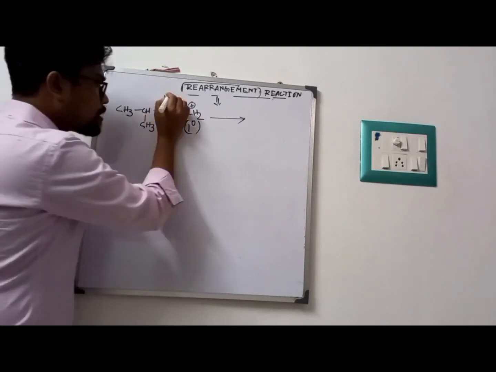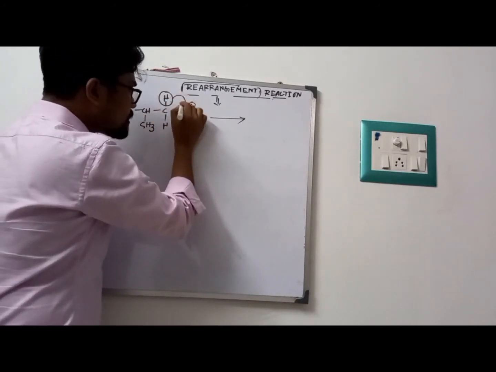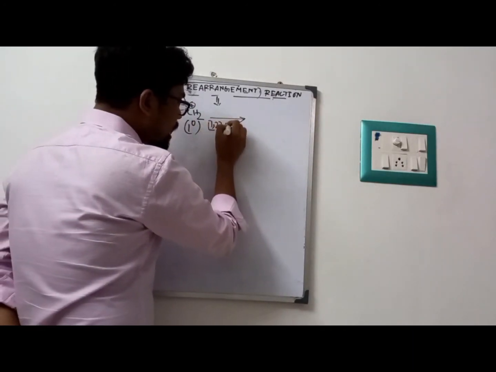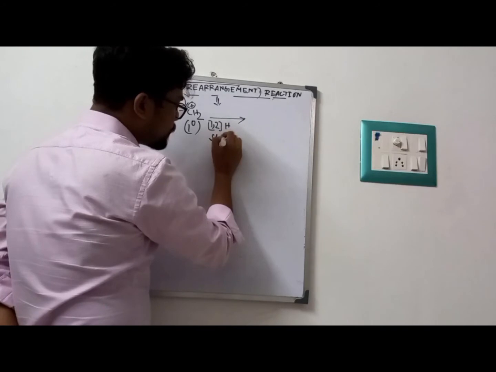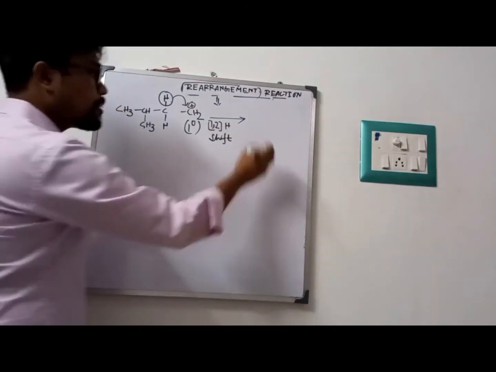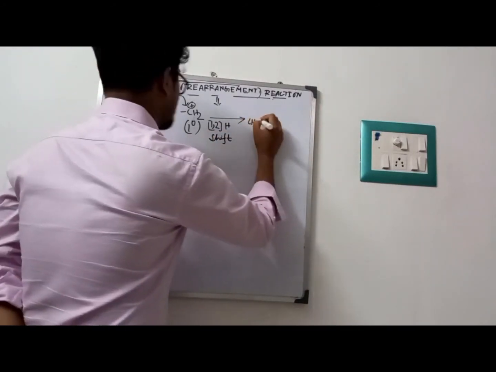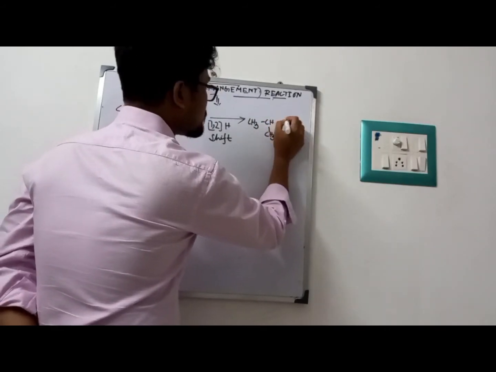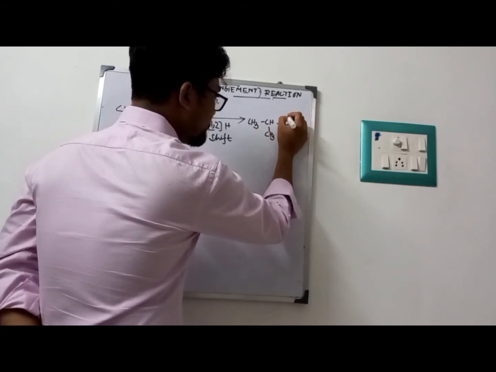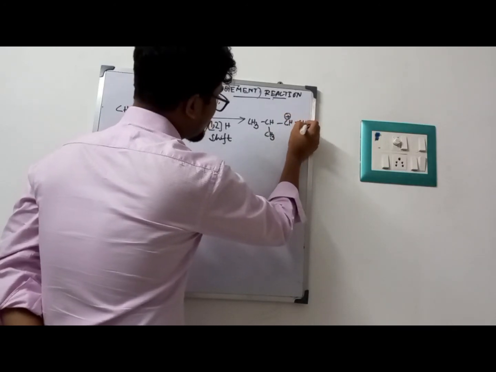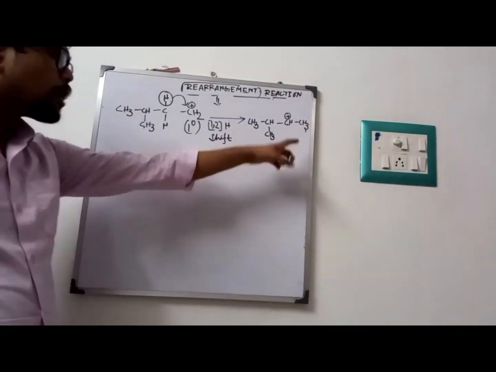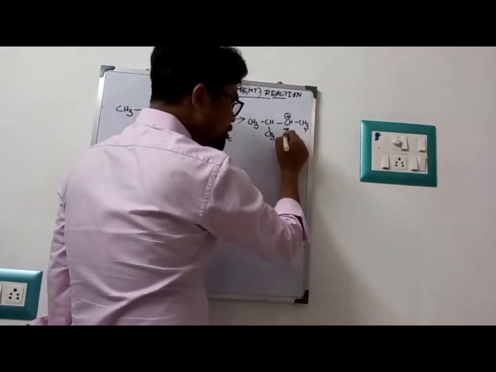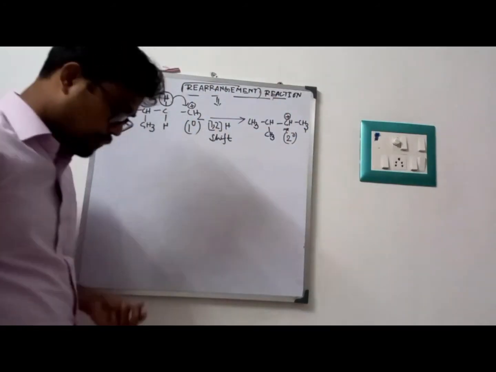Now in the first step, a 1,2 hydride shift will occur. Then what will be our product? CH3 CH plus CH3. Now this carbocation is a 2 degree carbocation because it is attached with 2 carbons.